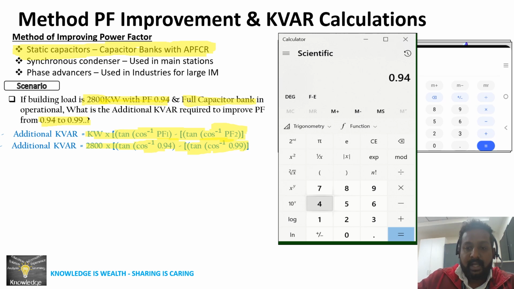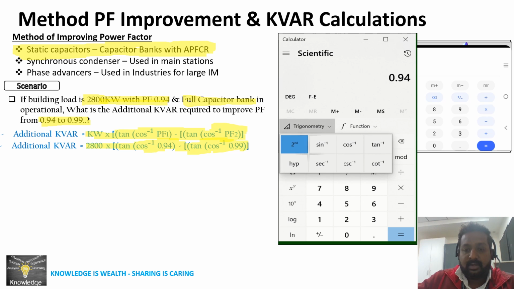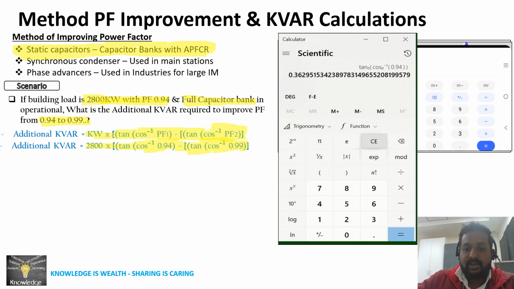Tan of cos inverse 0.94 is 0.3629. Next, tan of cos inverse of 0.99 is 0.14249.